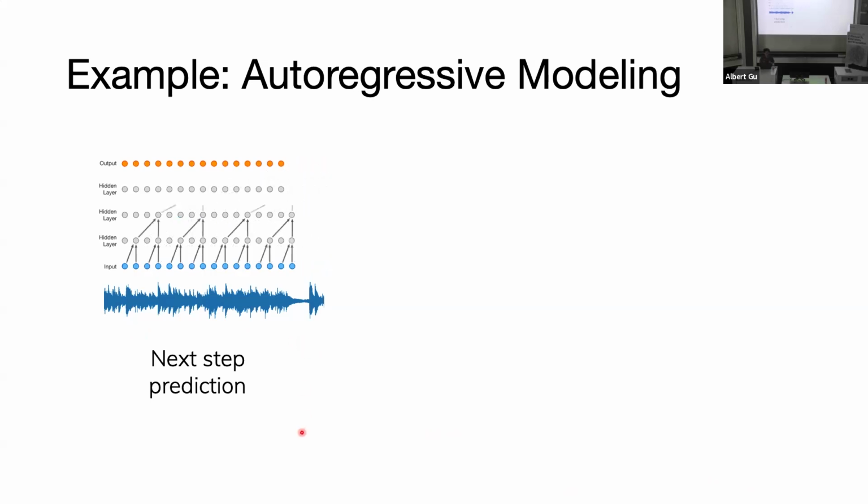During train time, we have the model learn how, given some context, to predict the next token. During inference time, it's going to generate sequences one token at a time by feeding them back in autoregressively. Hopefully we're all familiar with this, which is the way that GPT and language models work as well. Although they can be used in other modalities, such as audio, which was another place where they were very popular.